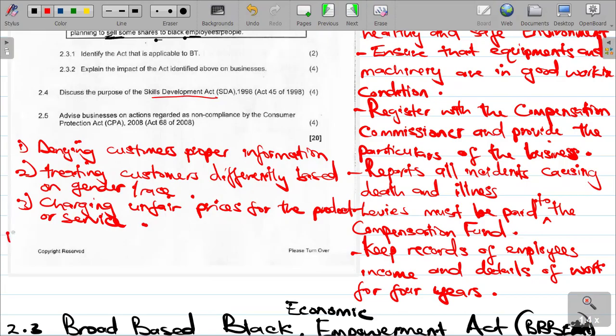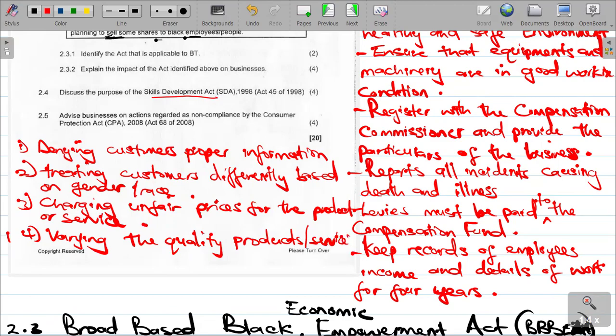varying the quality of goods or services when selling in different areas.